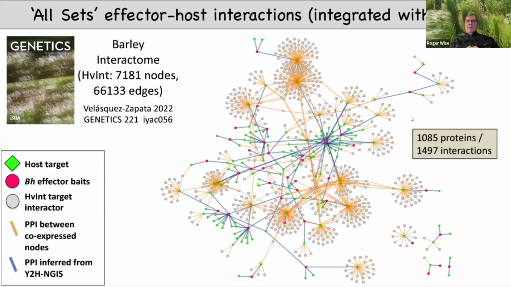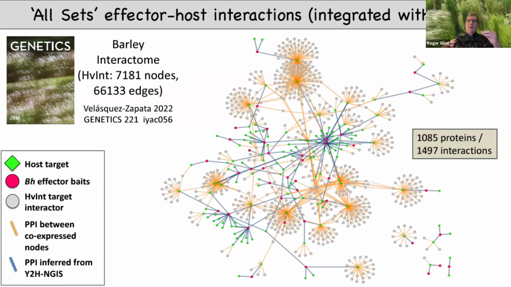So if you skip 10 slides over, that ends up with this result. This is the most stringent interactome we've come up with. It's 1,085 proteins, 1,497 interactions. The red are the effector baits. We use 50 of those, as well as some MLA fragments, which is a major powdery mildew resistance gene.